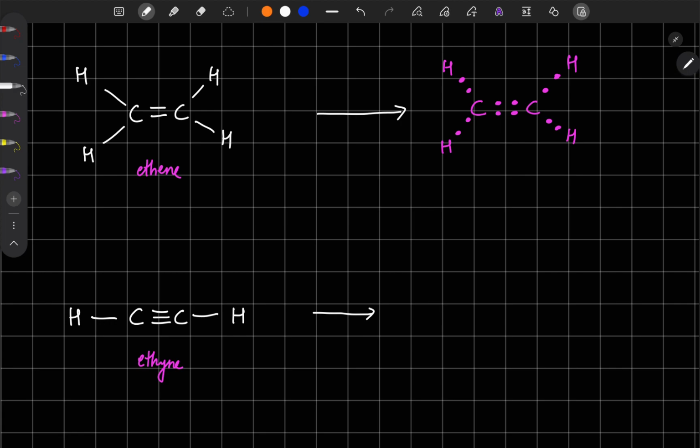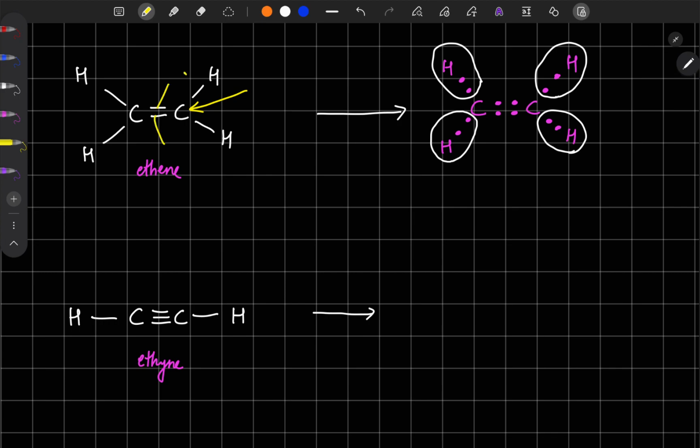Now circling is easy. Look at this hydrogen. It has only this one bond, so you have to circle in a way that it includes only those 2 electrons. Similarly for this hydrogen and this hydrogen. Now look at this carbon. It has 1, 2, 3, 4, a total of 4 bonds.